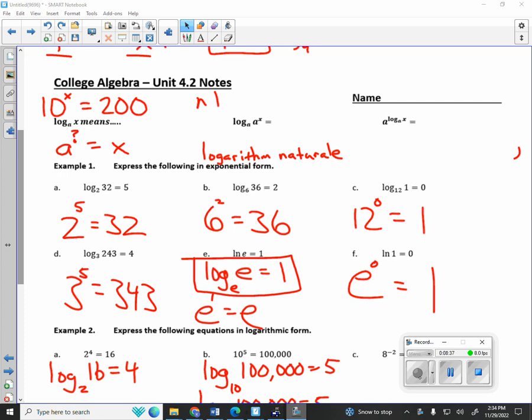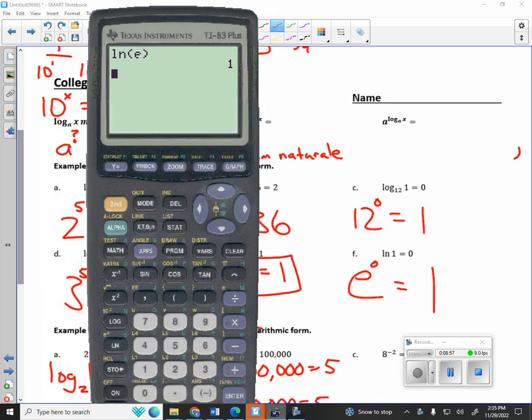Let's talk about it here for just a second. Okay, what is 10 to the first power? 10. What's 10 to the second power? 100. What's 10 to the third? 1,000. So wouldn't you agree it would have to be between 2 and 3? It just so happens that the answer to this is the logarithm of 200.